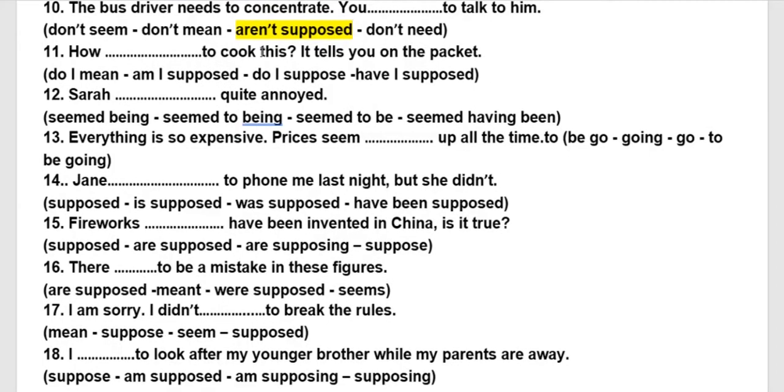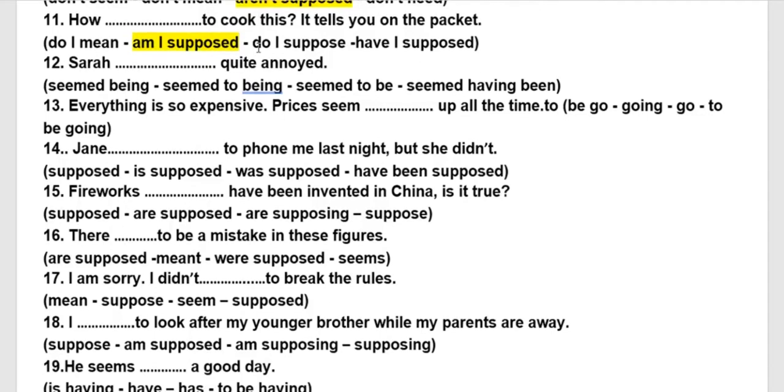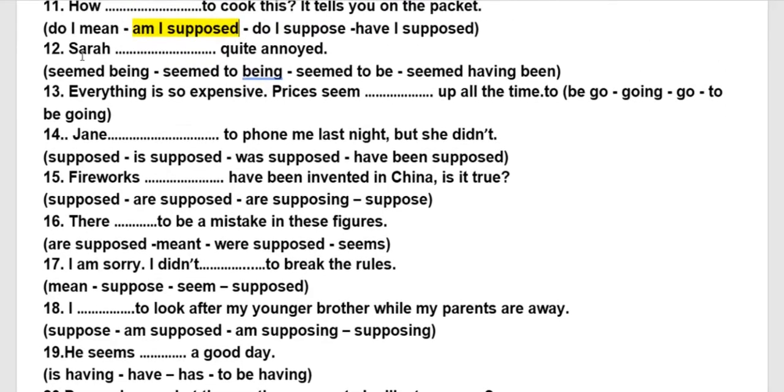How to cook this? It tells you on the packet. How am I supposed to? Because it is a question, you see here, am I supposed? Sarah seemed to be quite annoyed.